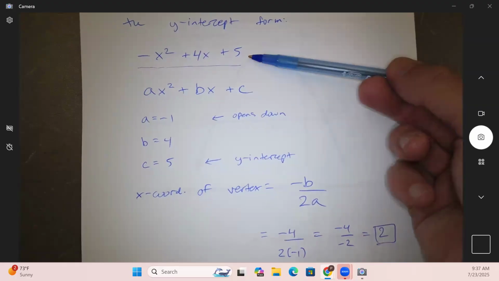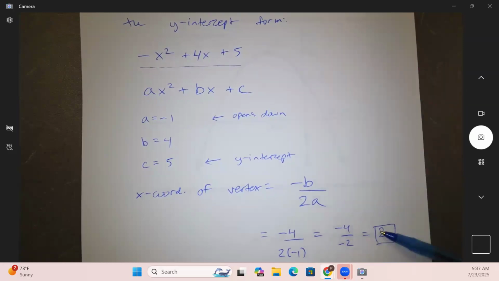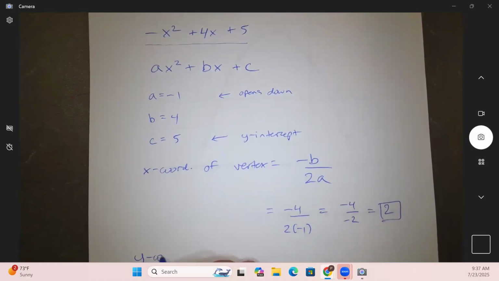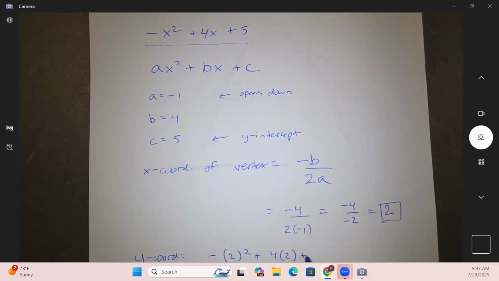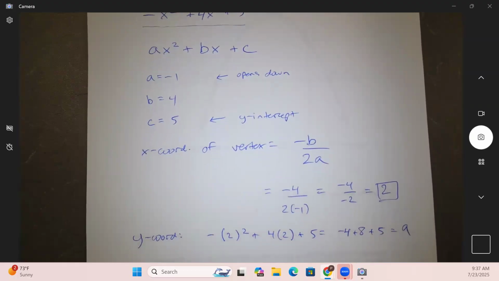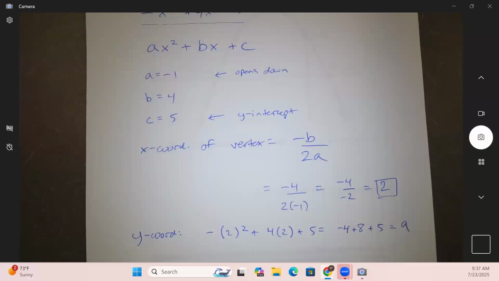So you can find it directly from the formula using the minus b over 2a, and then you get the y-coordinate by plugging that in. Minus 2 squared plus 4 times 2 plus 5 is -4 plus 8 plus 5, which is 9. So you can do it symbolically.